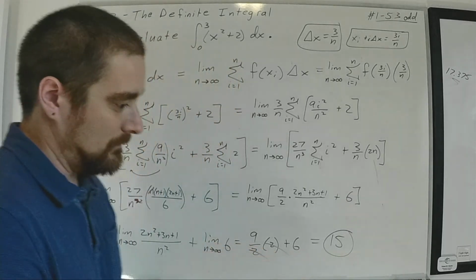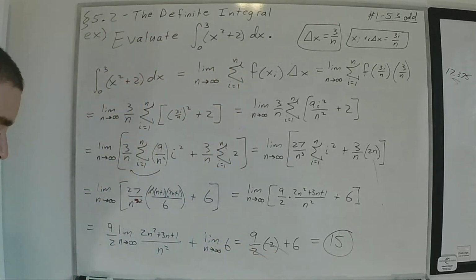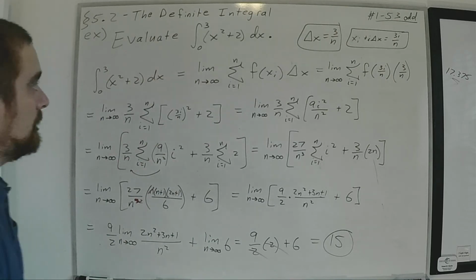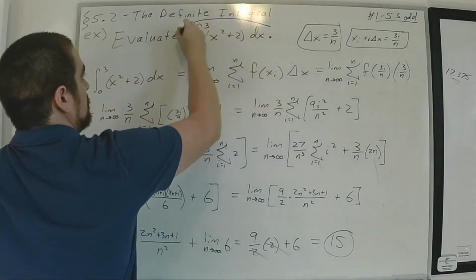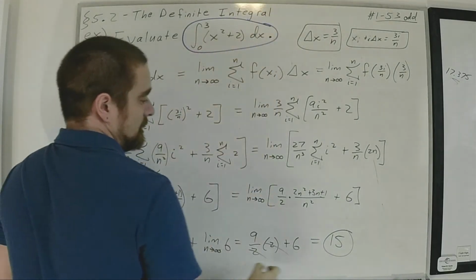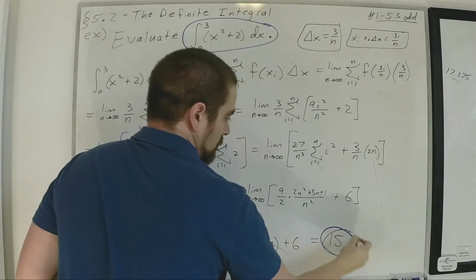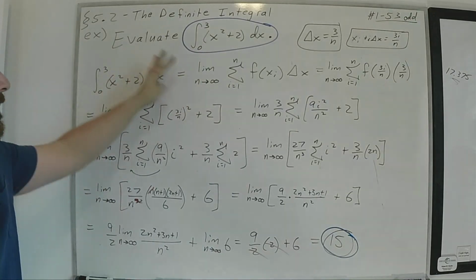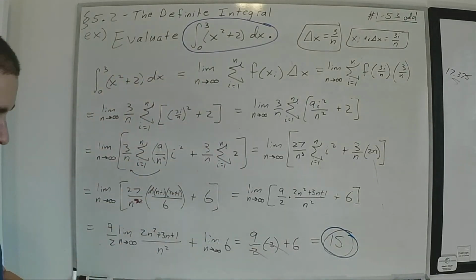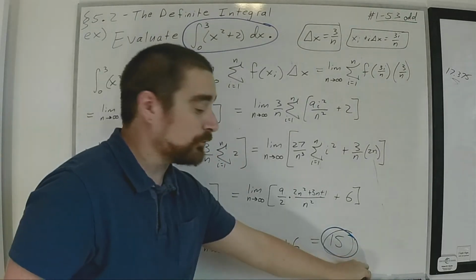Now I know, and I've already said it, the notation in this section can be a little cumbersome. Here is what we're trying to find, the value of this integral. Here is what we got. Notice how much notation we had to sort of suffer through to get there.